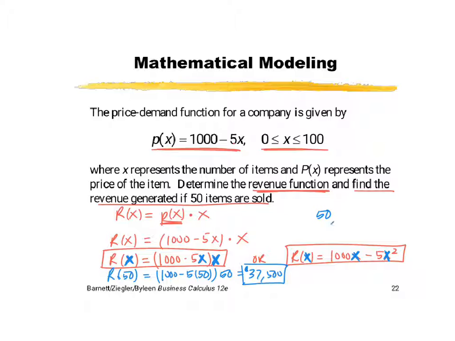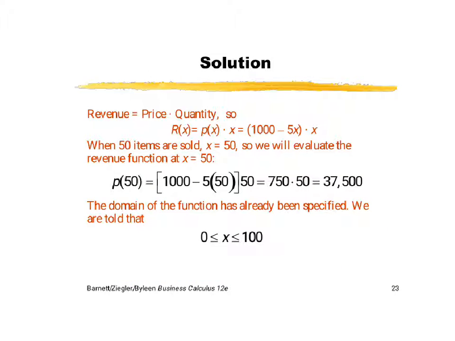So if we wanted the corresponding ordered pair, we have 50 and 37,500. Okay, so it shows the same thing here, and it says that the domain of the function has already been specified. So we were told initially that our number of items ranges from 0 to 100.